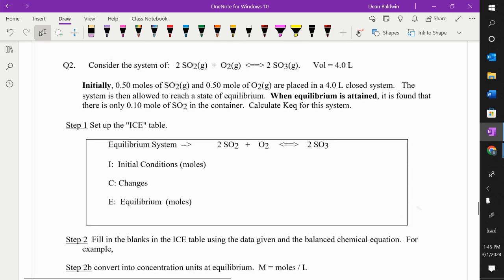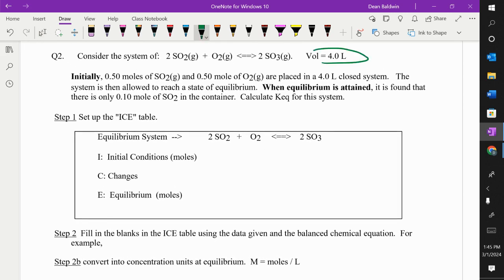Okay, so we have a 4-liter container. Our reaction is 2 moles of sulfur dioxide plus oxygen goes to 2 moles of sulfur trioxide. Initially, we have 0.5 moles of SO2 and 0.5 moles of oxygen placed in a 4-liter container. So we have 0.5 moles of SO2, 0.5 moles of O2, and nothing of SO3. 0.